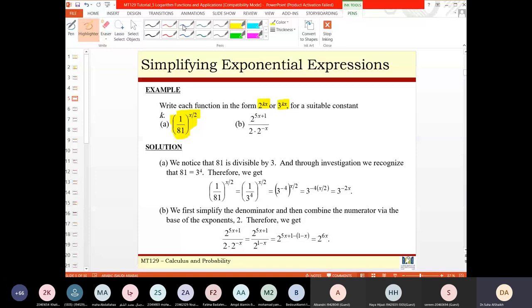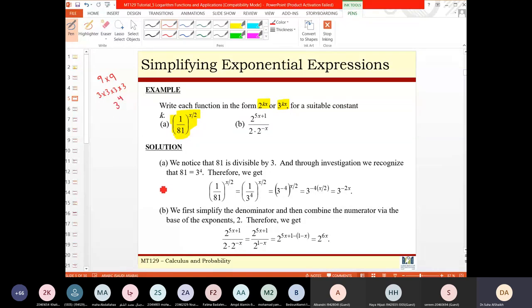Now let's check the first one. It's 1 over 81 to the power x over 2. What is the 81? It's 9 times 9, right? And what is the 9? Each one of them is 3 times 3. What's 3 times 3 times 3 times 3?